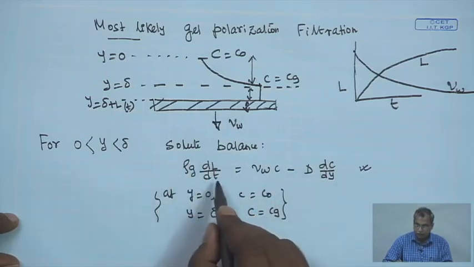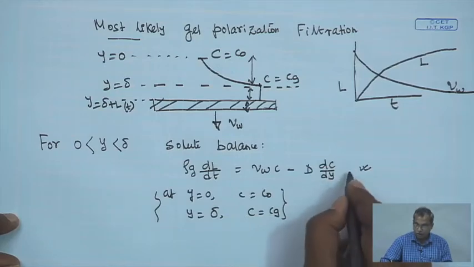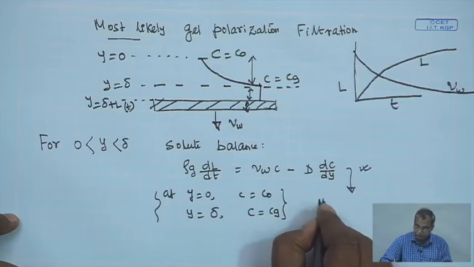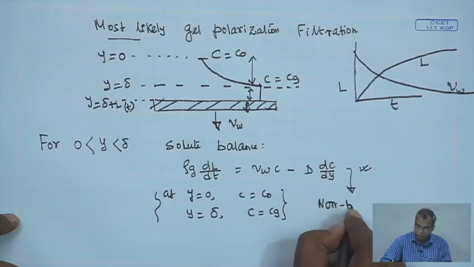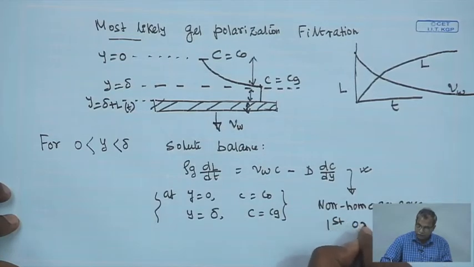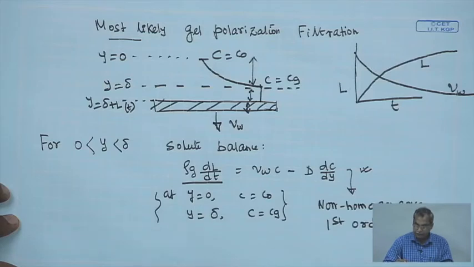Therefore, if you identify this equation, this is a first order ordinary differential equation, but it is non homogeneous, and the non homogeneous term is basically this term rho g dL/dt, which will be treated as constant during the integration over y.